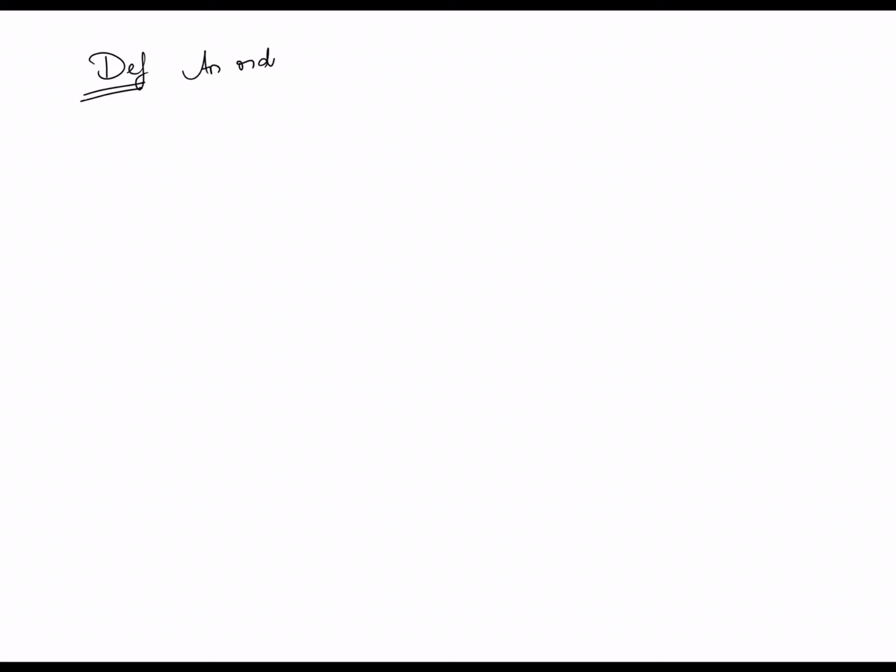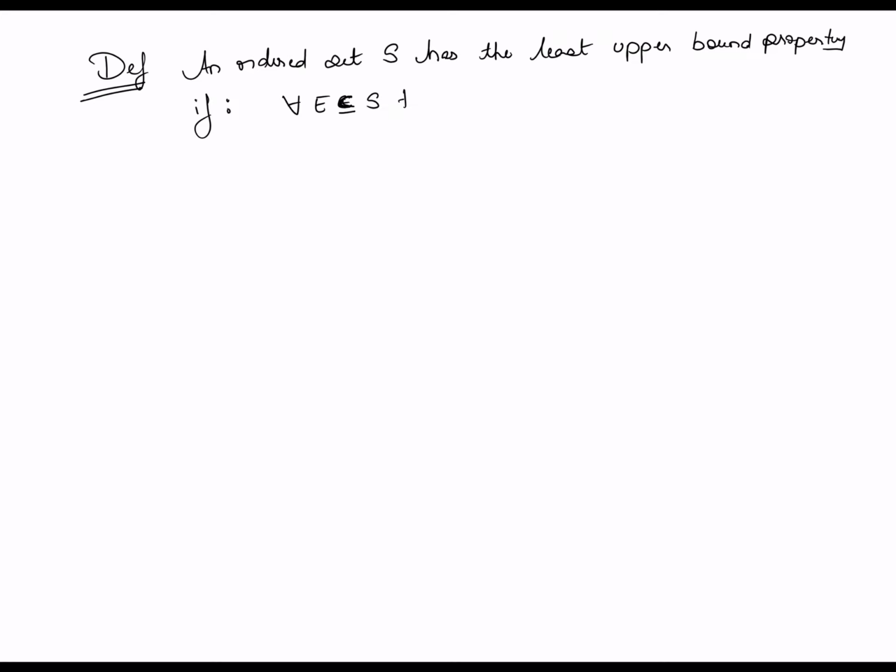An ordered set S. When I say ordered set S, of course I mean not just S, but the tuple consisting of S and a valid order that has been defined on S. An ordered set S has the least upper bound property if for all E, a subset of S that is upper bounded, sup E exists.